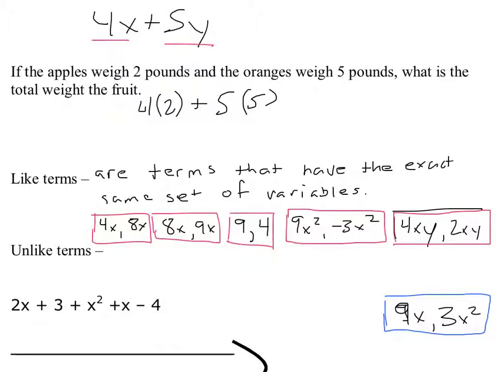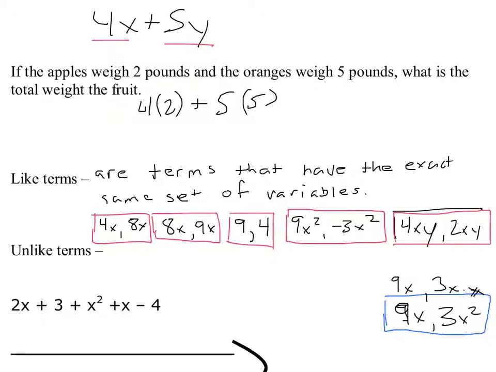If you're showing me no, you're absolutely right. If we think about expanding this out, this is 9x and 3 times x times x. So the 9x is a single variable and the 3x squared is actually a hidden set of variables.